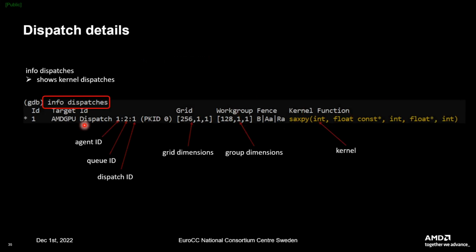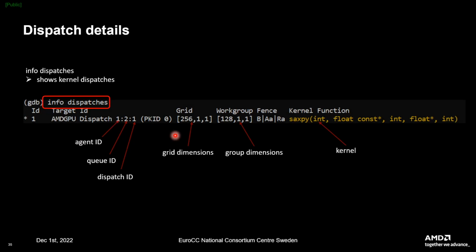And then going into a little more detail about the dispatches. The dispatches are important because, like I've already mentioned, they give you details about your agent ID, your HSA queue ID, your dispatch ID, but also other information about your block or grid dimension size. What are the group dimensions?